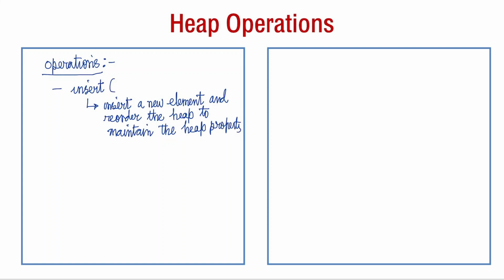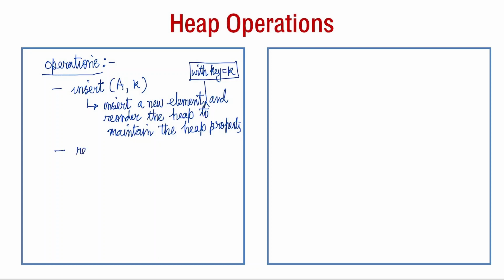So if I have to insert an element whose key value is k, this will insert an element with key equal to k and maintain the heap property. That means the heap was having a heap property, it will now maintain the heap property.